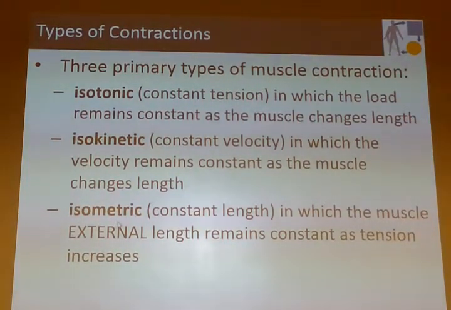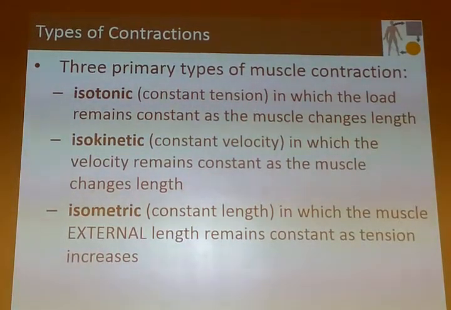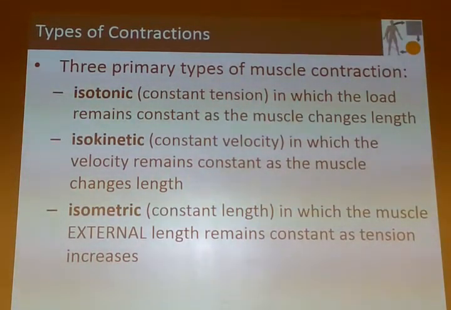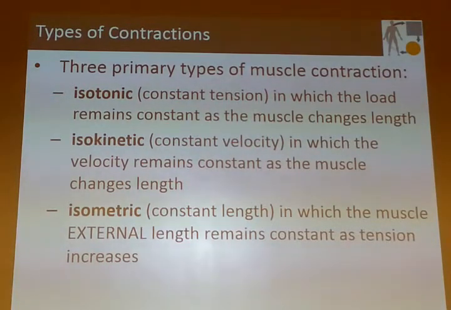So isometric, that external length that you see remains the same. But if you touch the muscle, you can tell that it's generating force. The sarcomeres are shortening, but that tension has not gotten to the point where it can be shifted to the tendon, and you can't apply that muscle force to the bone, so the joints are not changing length.